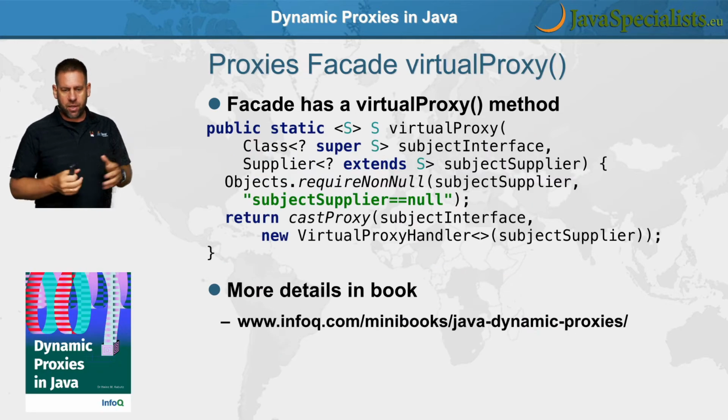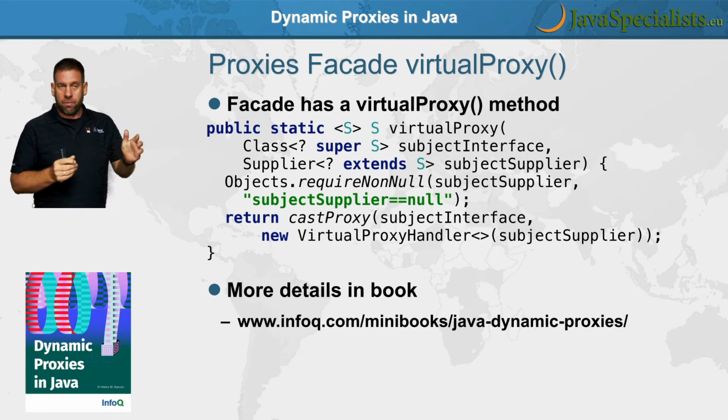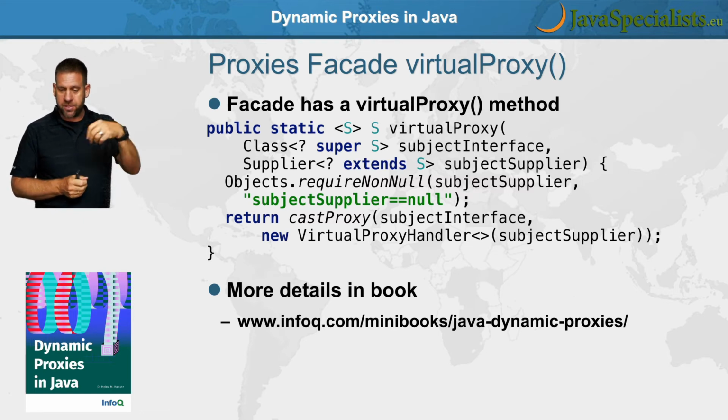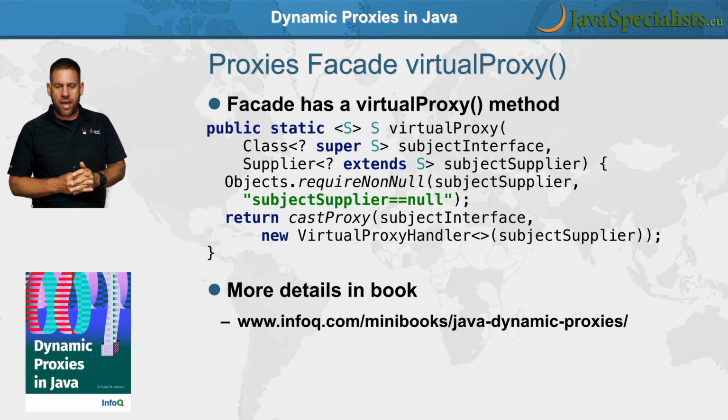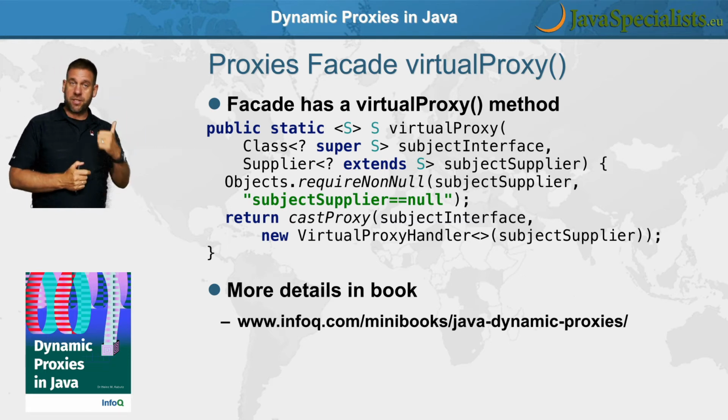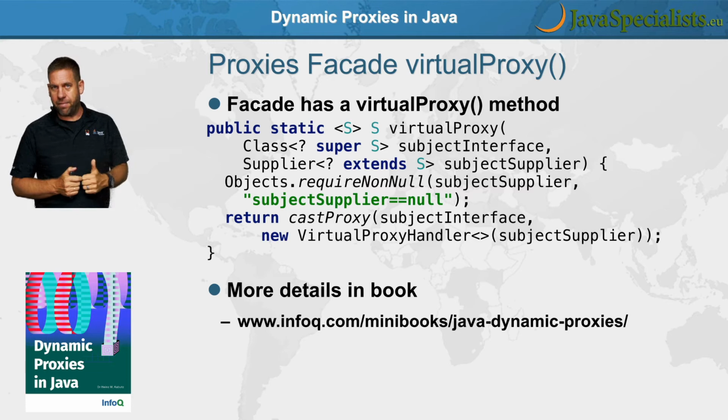And I've got a class called Proxies inside my book, described in there. So get the book if you haven't got it yet, and you'll see more information there. And the virtualProxy method calls castProxy, which passes in an interface and a virtual proxy handler. And the castProxy does three different things. The first is very obvious. It does a cast. It casts to the correct type.